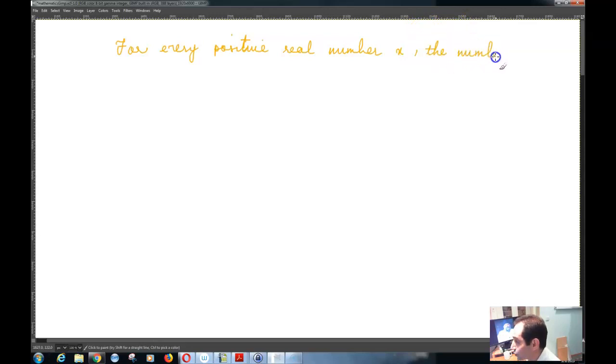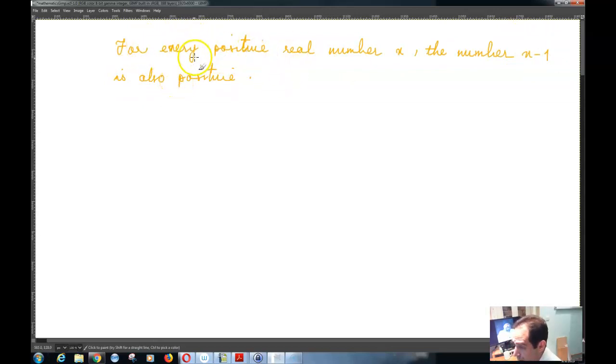So this statement says that for every positive real number x, the number x minus 1 is also positive, which is of course not true.